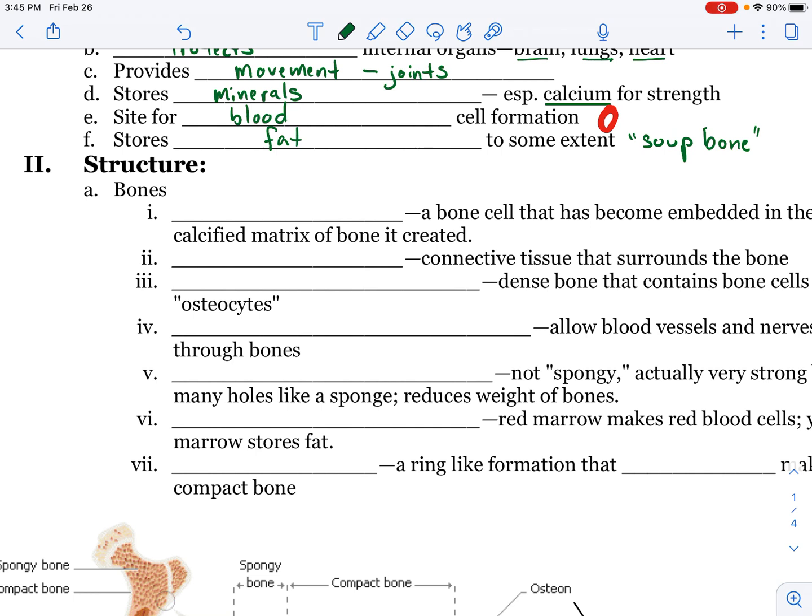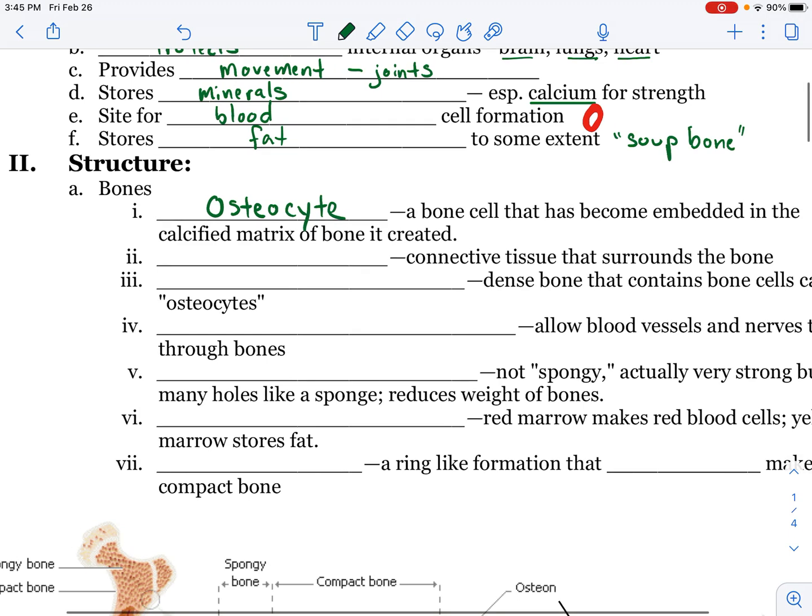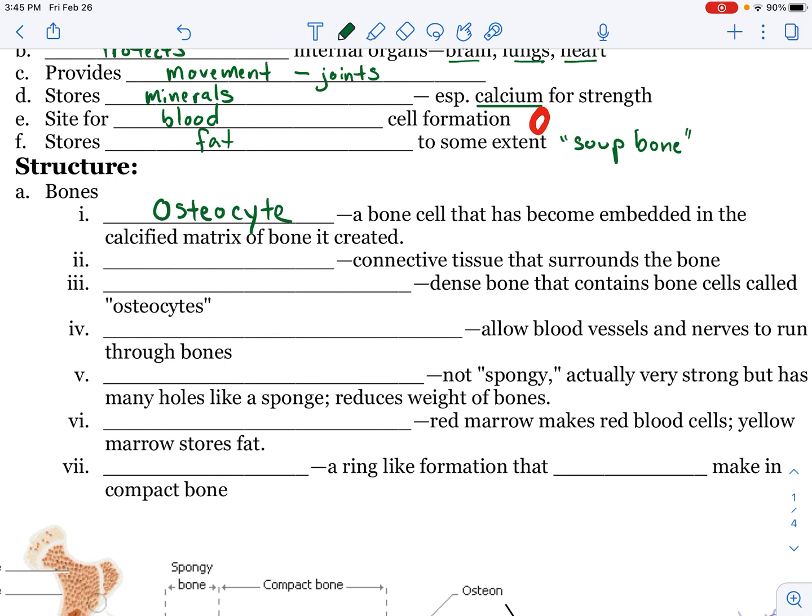I'm going to start off with the word osteocyte. An osteocyte is a bone cell, and that bone cell has become embedded in a calcified matrix of bone material that it has made. Osteo, the prefix osteo means bone, and cyte means cell.